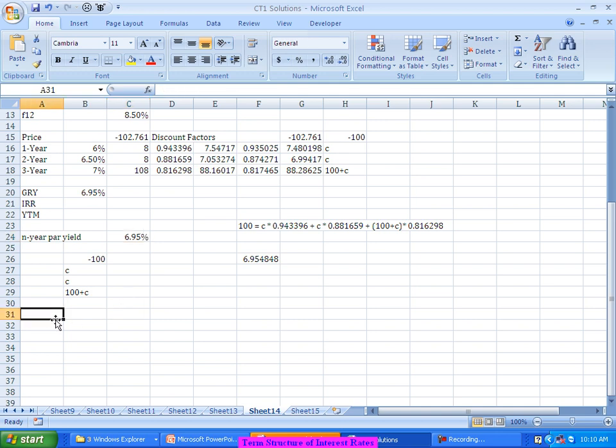And finally, we also get exposed to what we call as coupon bias, which is nothing but for each of the years we'll decide the coupon bias as the difference between the N-year par yield and the N-year spot rate. So for a 1 year period, the N-year par yield minus N-year spot rate is going to be 0.95%.